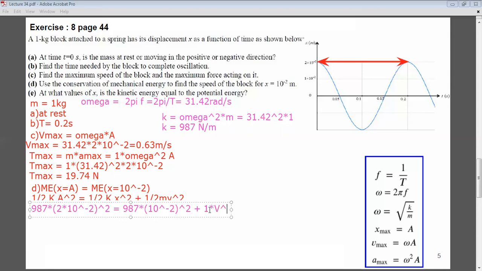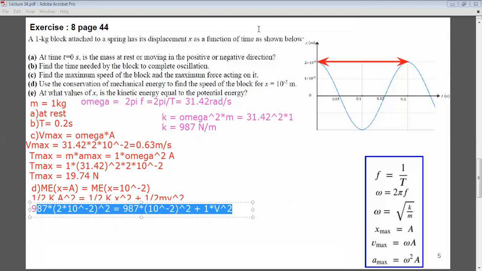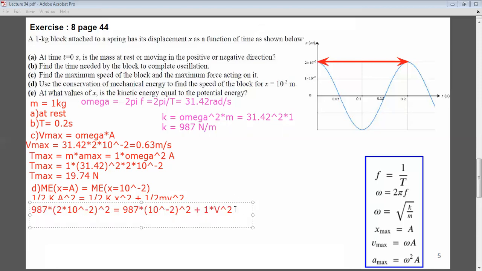This is our unknown. We are solving for this value. Okay, so let's solve it. 987 times 2 times 10 power minus 2 squared is 0.39.